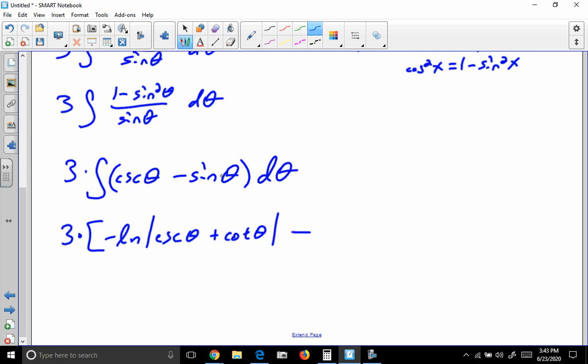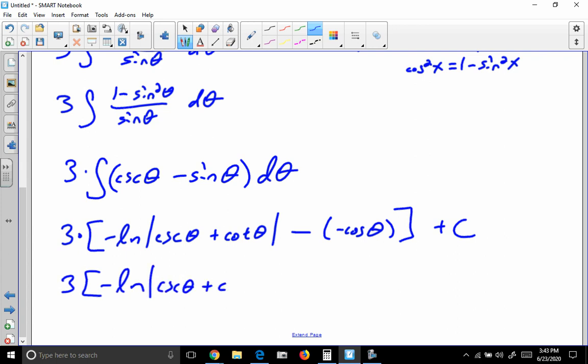And sine integrates into negative cosine. So we have a 3 out front, negative natural log cosecant plus cotangent, minus a negative makes that a plus cosine, plus c.